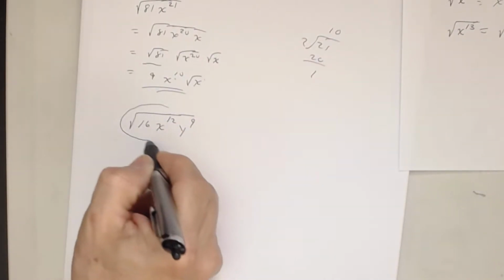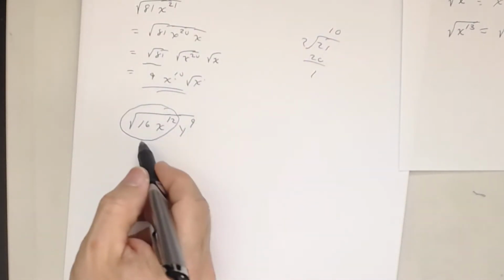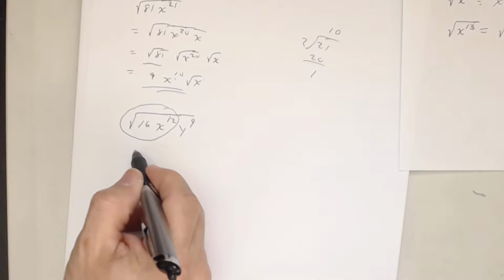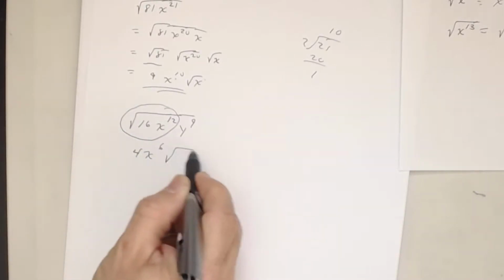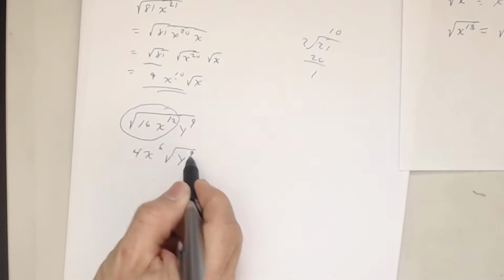First of all, let's talk about 16. 16 is a perfect square, and 12 is even, so that's a good one. But what's the issue? The 9. So in your mind, you know that this part I'm circling automatically gives me 4x to the 6th. And what am I left with? Square root of y to the 9th, right?